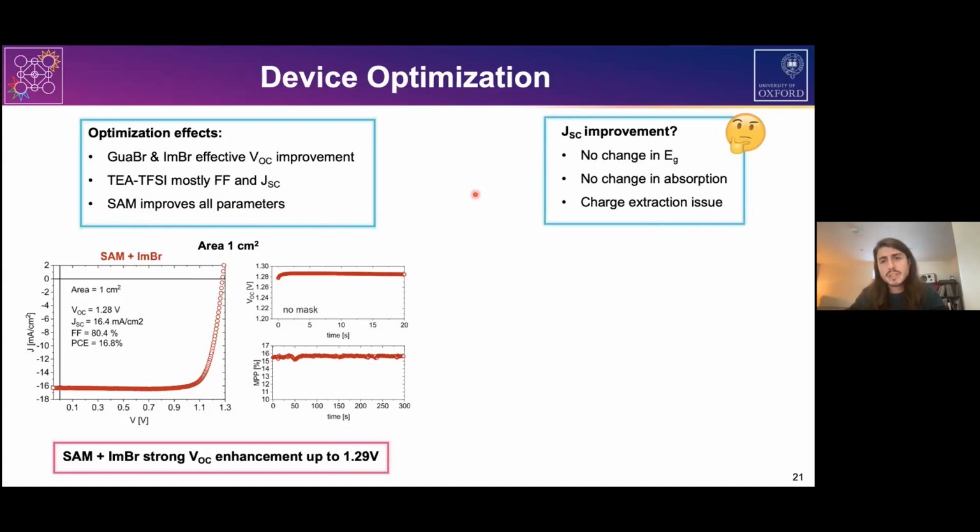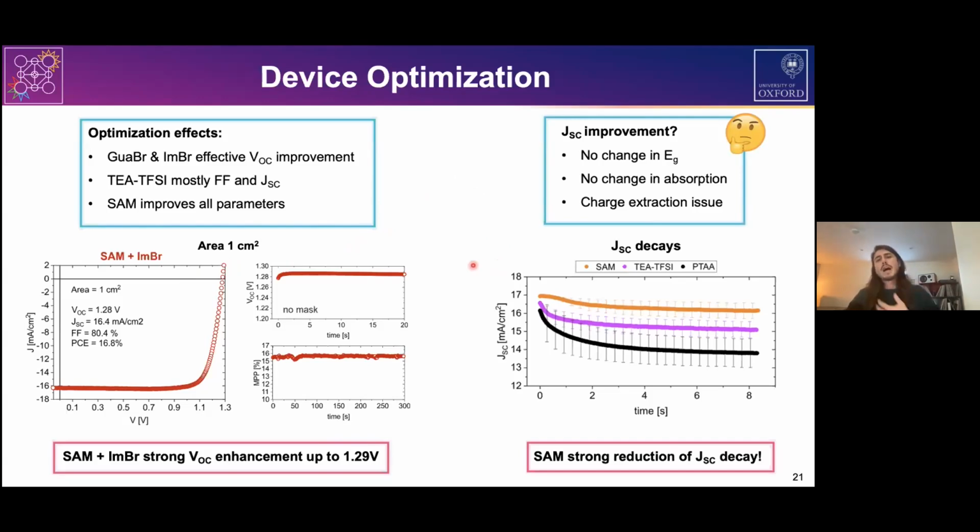So to investigate this further, basically, we adapted the same approach that has been used in that publication I showed earlier, for lead-in devices, and we monitored the evolution of the JSC over time. As you can see here, these are averages among multiple devices.